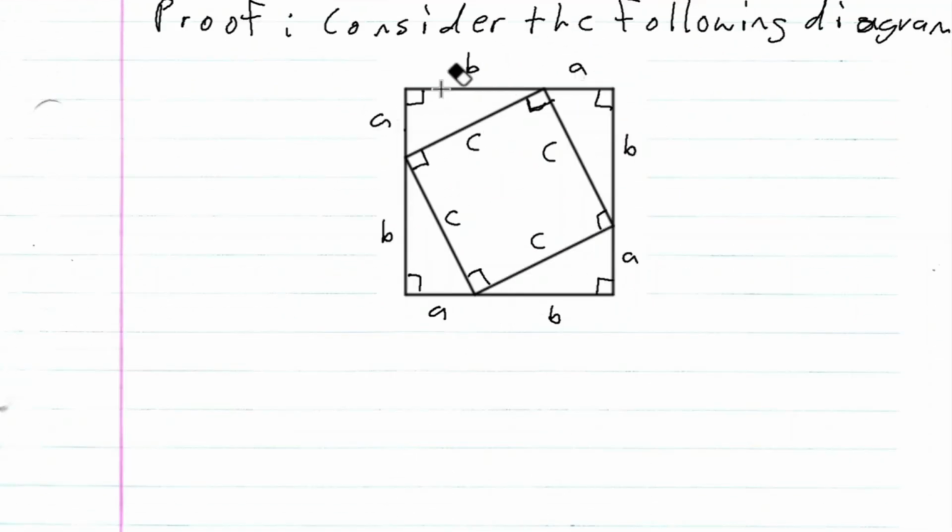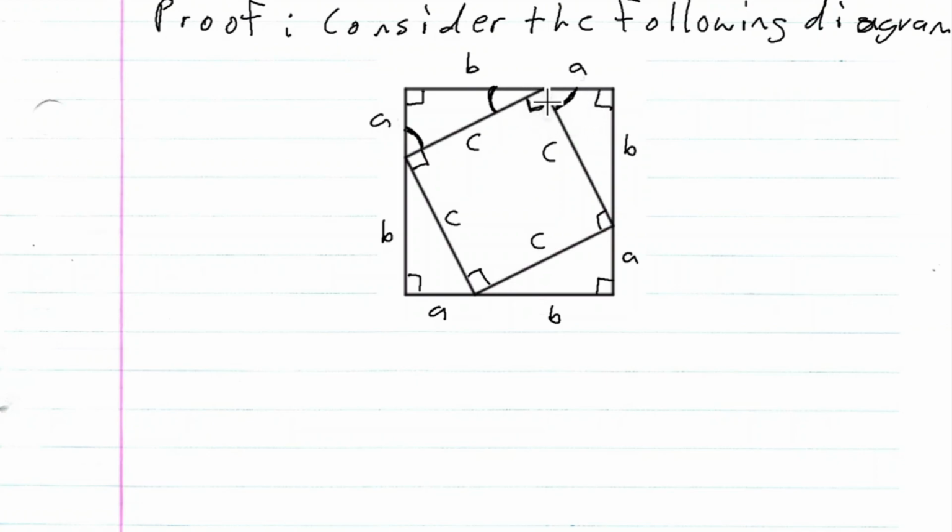So now we have our diagram here with those four congruent right triangles, where we constructed it in a way where we have this big square right here, and we have this small square. And we know this is a square because the sum of the acute angles of a right triangle is 90. And we know that this angle here corresponds with this angle here, so this angle plus this angle is 90.